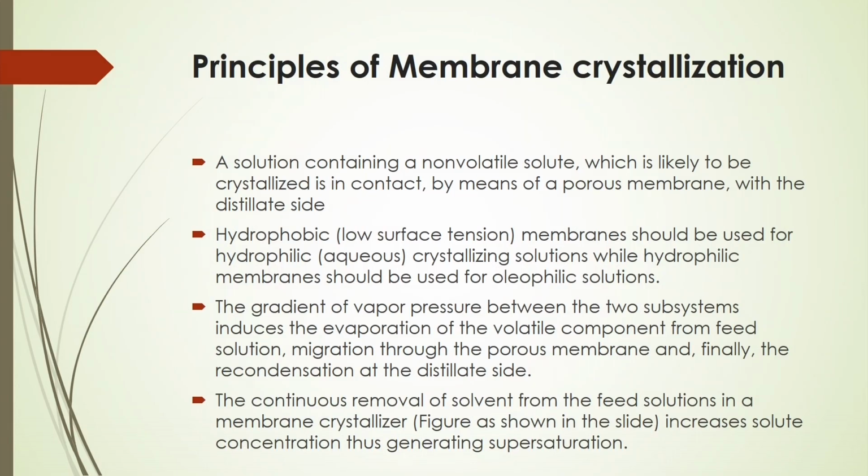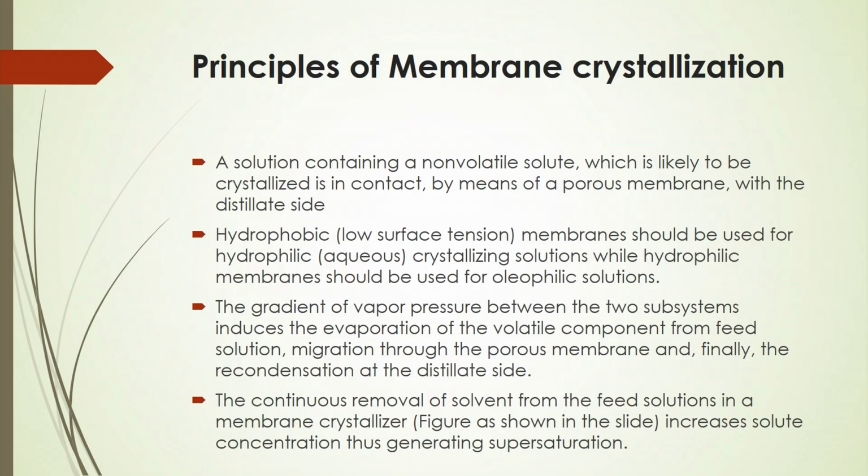Whereas this membrane crystallization works basically based on the contact of phases by means of a porous membrane with the distillate side. And in this case hydrophobic, low surface tension membranes should be used for hydrophilic, that is aqueous crystallizing solutions, while hydrophilic membranes should be used for oleophilic solutions.